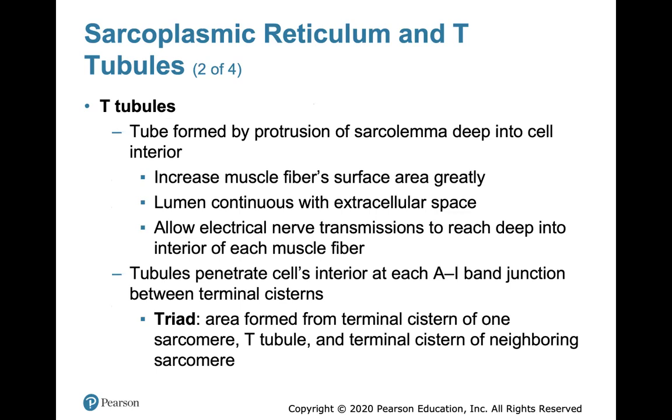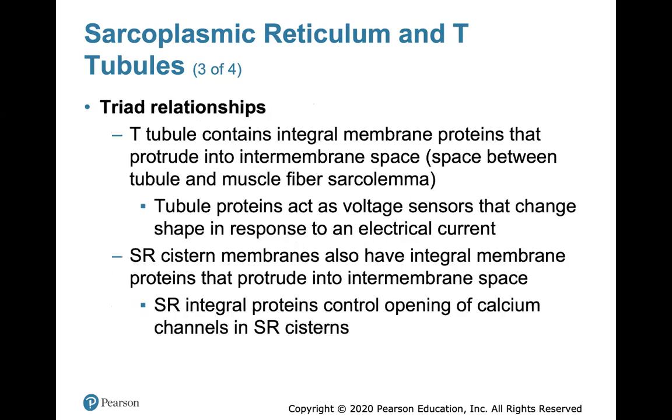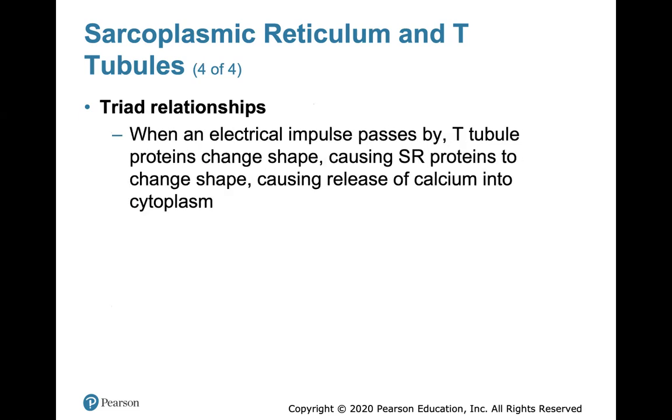The T tubule is kind of like a protrusion or an invagination of the sarcolemma deep into the cell interior. And the T tubule is just what will carry the calcium down into the muscle fiber. This is just the triad relationships between the sarcoplasmic reticulum and the T tubule.